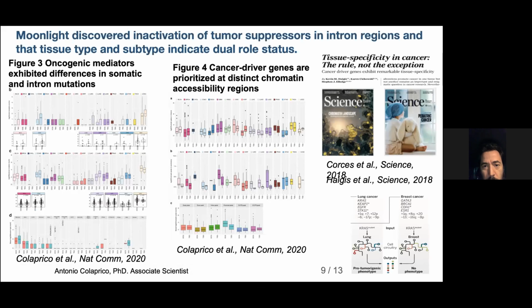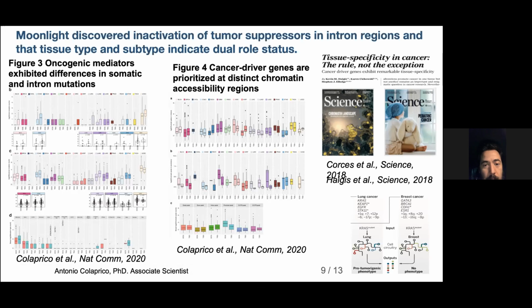What we discovered and confirmed, for instance, is inactivation of tumor suppressors in intron regions, here in Figure 3. We confirmed that activation of oncogenes occurs in the promoter region, but tumor suppressors in intron regions.